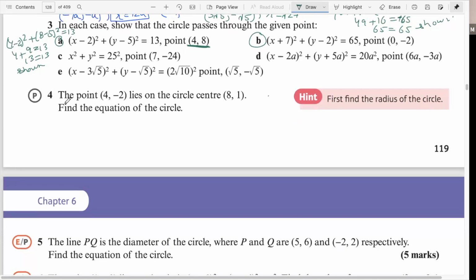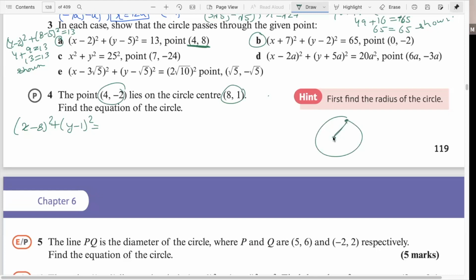Okay. Question number 4. It says the point lies on the circle and the center is this. Find the equation. We already have the center. So I can say (x minus 8) whole squared plus (y minus 1) whole squared, but I do not have the radius. This point lies on the circle and this is the center.